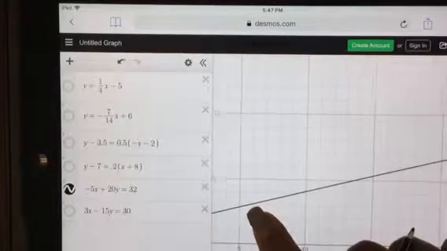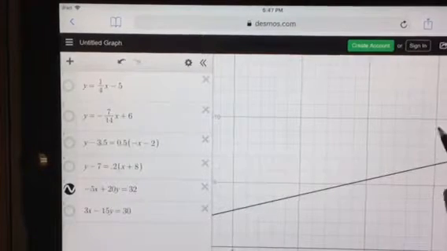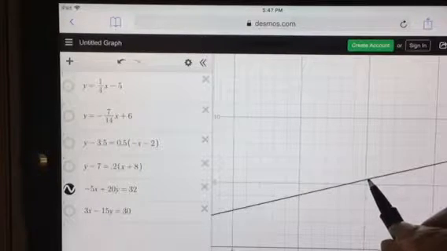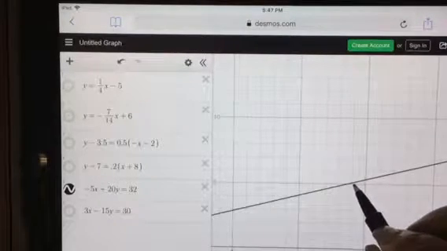Ew, this slope is kind of nasty. There looks like a point there. And it's close right here, but it's not quite touching the crosshairs.